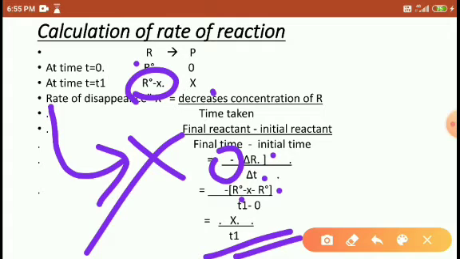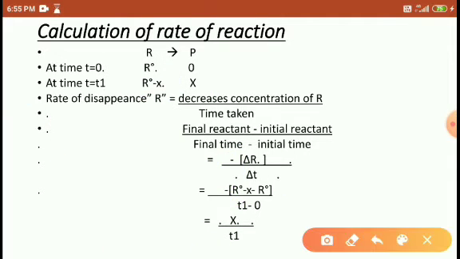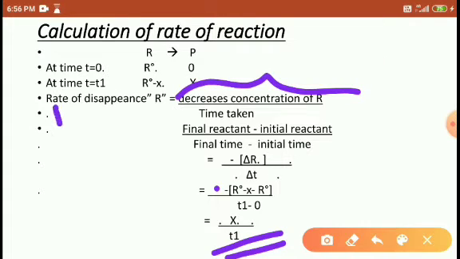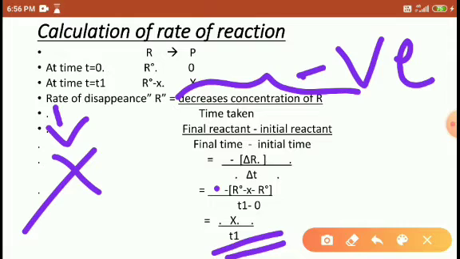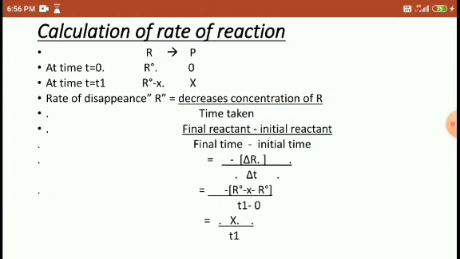So that's why we have to substitute the minus here, to make the final step positive. If you put the minus sign, then x becomes positive. Right students?